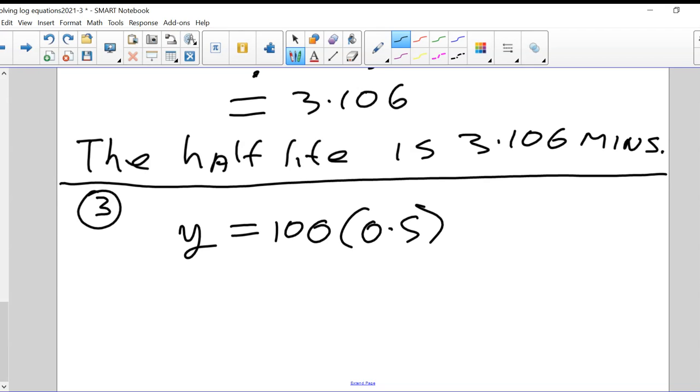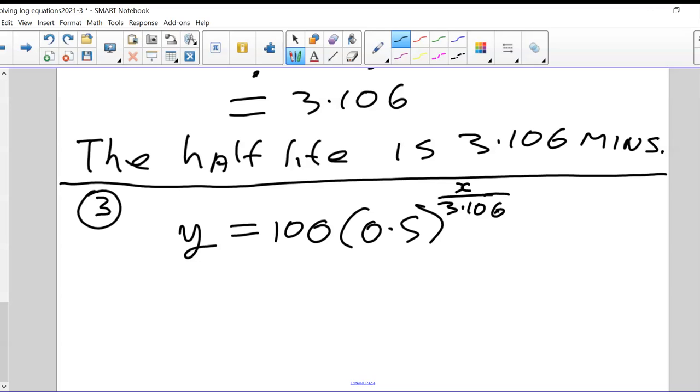Unless anybody knows right away, I'll show you what that looks like. Anybody think they know what the exponent is going to be? It does involve that 3.106, which is the half-life. How does that come into the exponent? Well, I'll show you. It's going to be x over 3.106. Whatever the half-life is will be represented by that denominator.